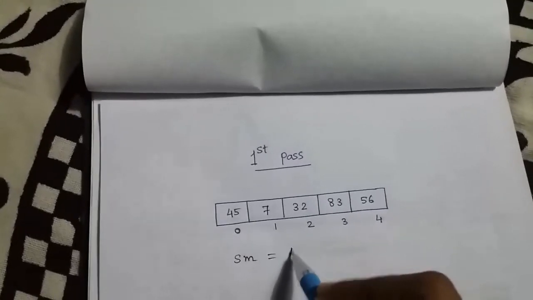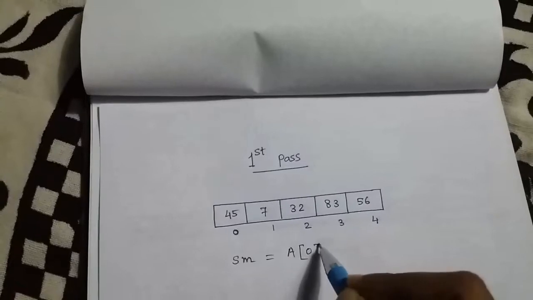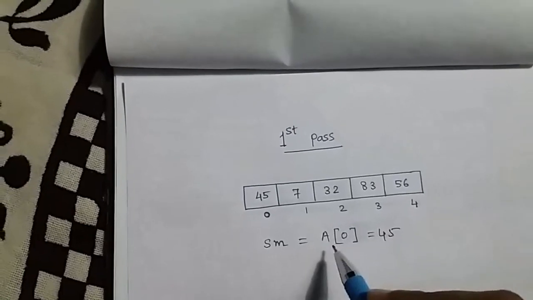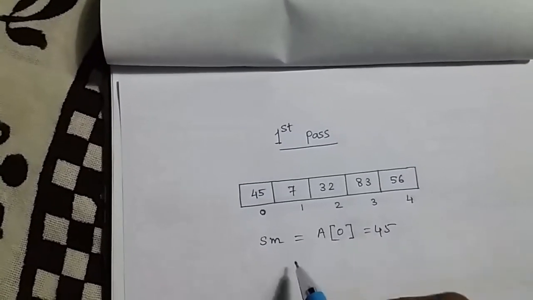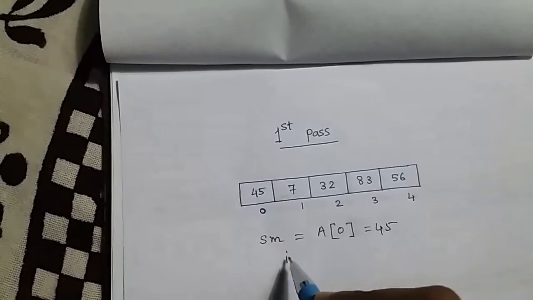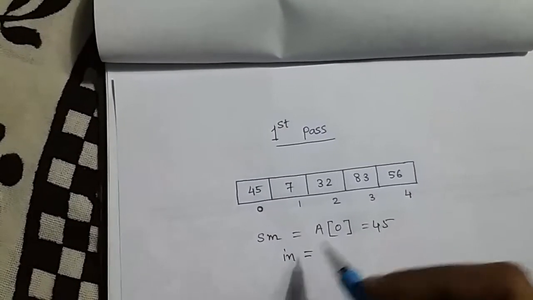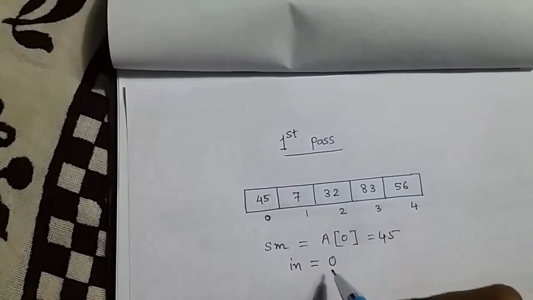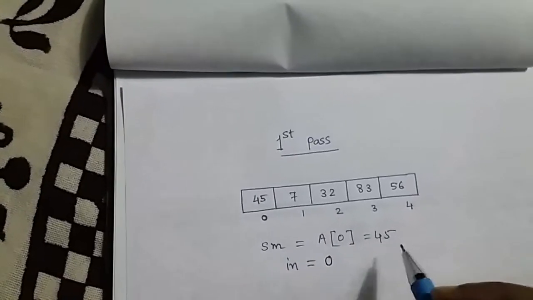So sm equals a of 0, which is 45, and also we have to note down the index of this sm. So I'm taking a variable in for that index, in equals 0, because it is a of 0, that's why the index is 0.